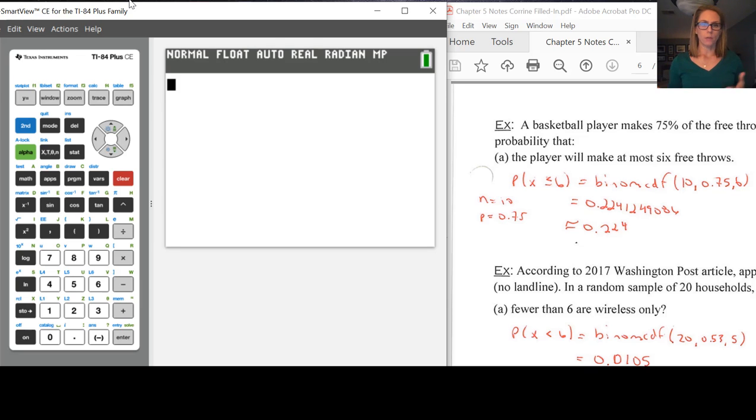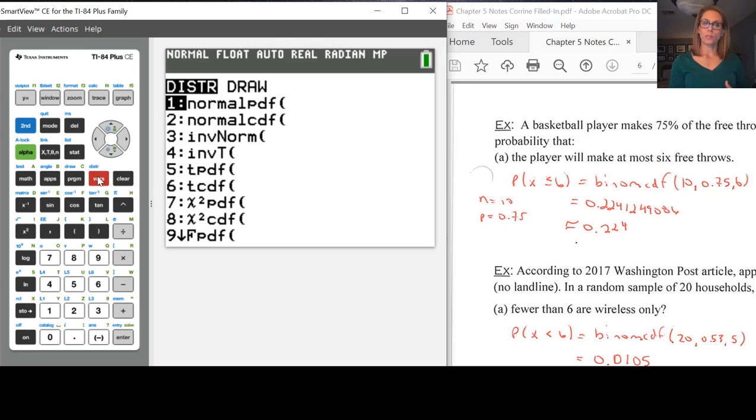So in this example, it's a basketball player who makes 75% of their free throws. And so they're going to make 10 free throws. And what's the probability that the player will make at most 6 of them? So in order to do this on the calculator, we go to the same place as Binompdf. It's just the one below that. So second VARS to get to the different distributions.